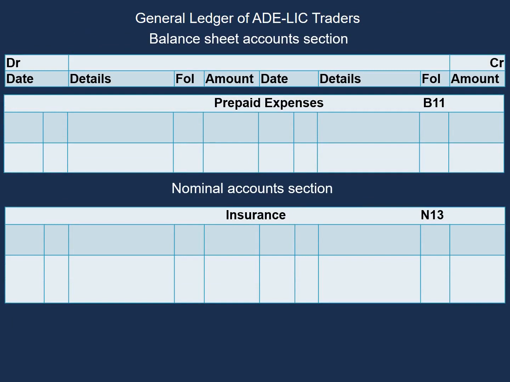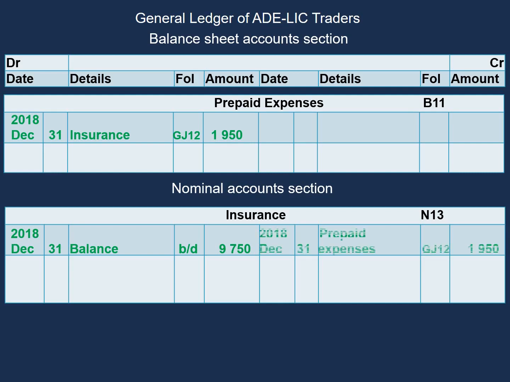Our insurance account has an opening balance of $9,750 on the debit side, and we will first debit our prepaid expenses with $1,950 on the debit side, and our details will be insurance because it is for insurance. And then we will credit our insurance account also with $1,950, and the description in the details column will be prepaid expenses.